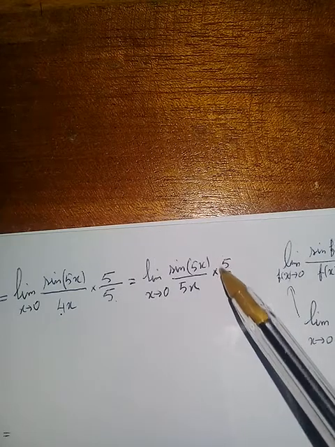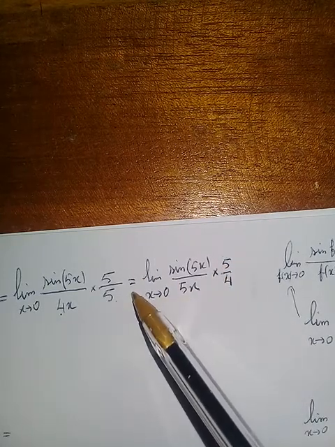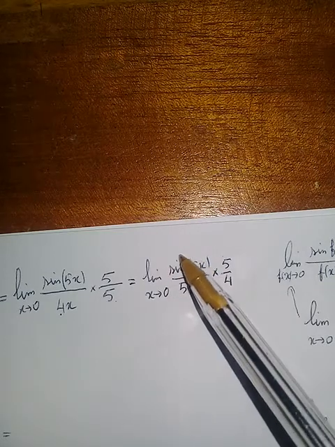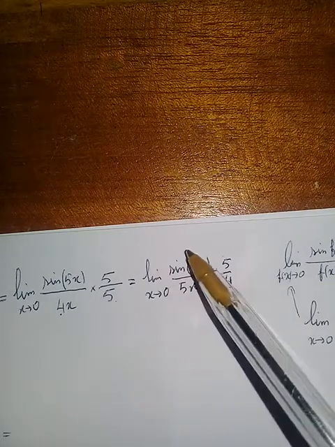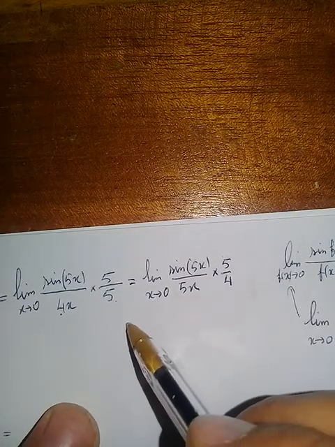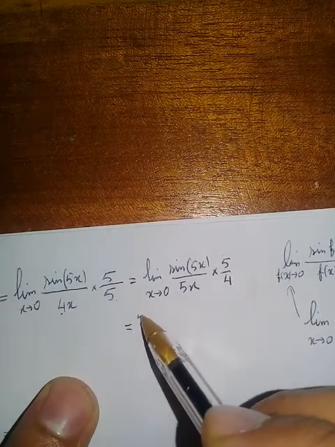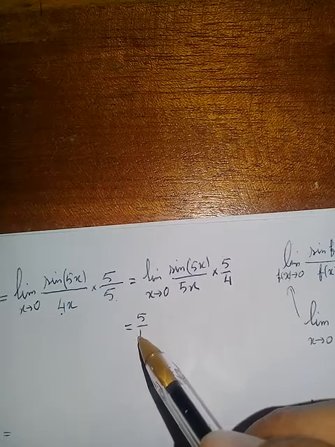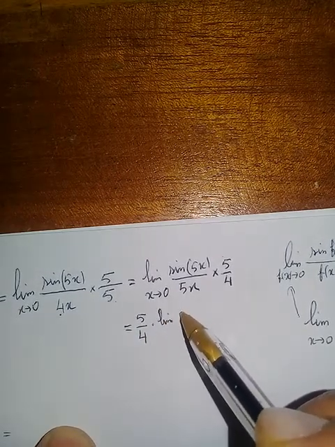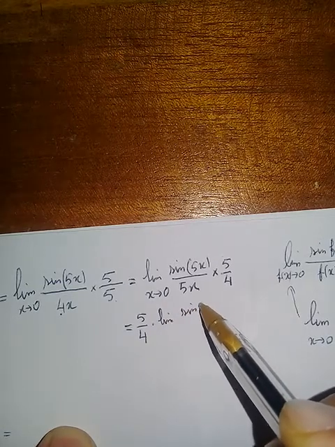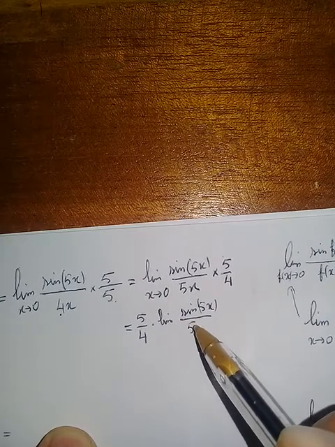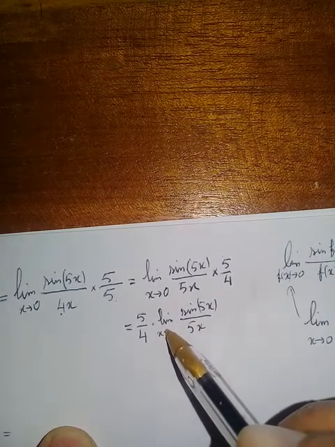We can take this out, so the limit, we have this rule, and this one is equal to 1. So it's 5 over 4 times the limit of sine 5x over 5x, x approaching 0.